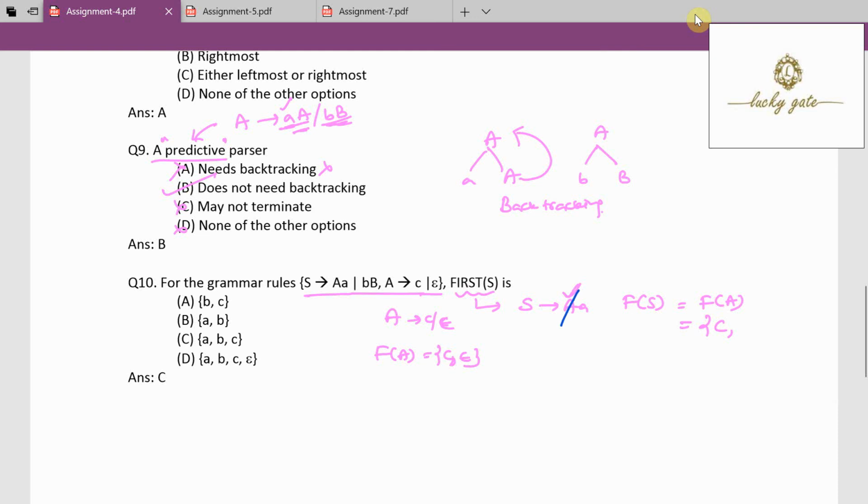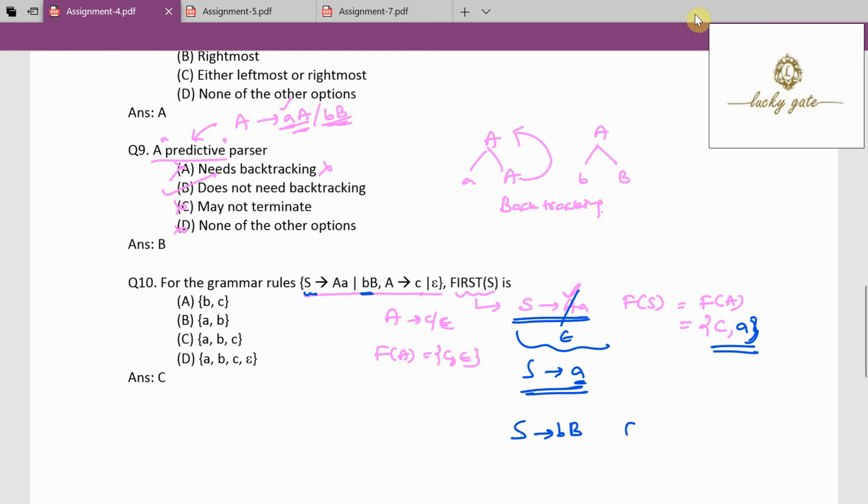It means if this A is replaced with epsilon, now it is just like a production S tends to small a. What is the terminal possible with S A? So first of S is both A comma C, based on the first production S tends to A. But S has two productions. What is the other production? S tends to BB.